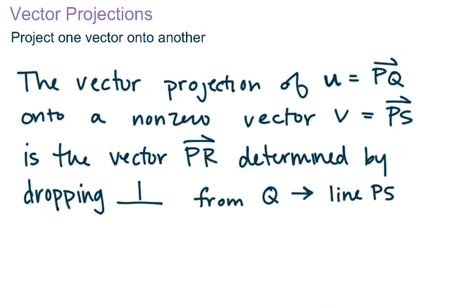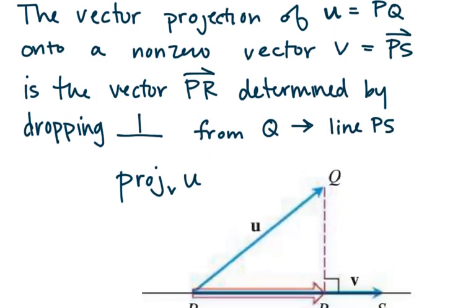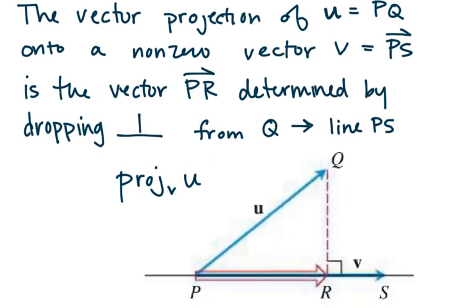So the notation for this, the projection of U onto V. The way we are reading this is the vector projection of U onto some vector V. All right, if U represents the force, then this projection of U onto V represents the effective force in the direction of V. I've brought in a picture to help illustrate what we are looking at.